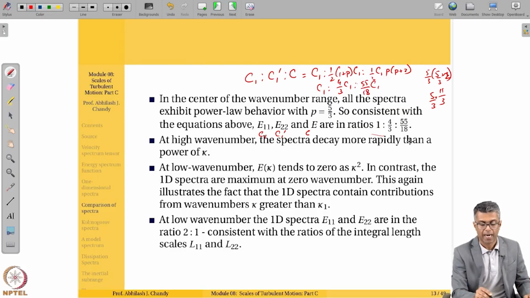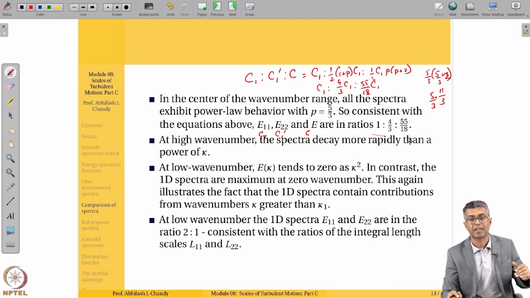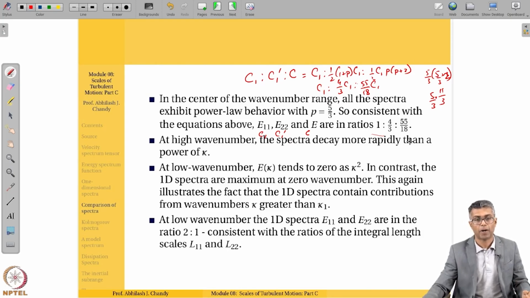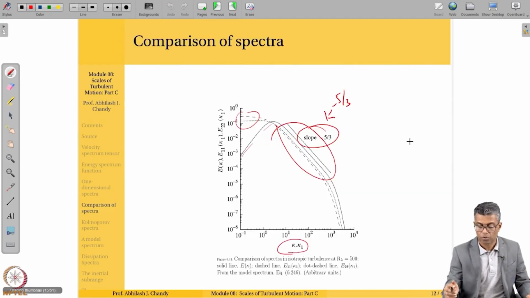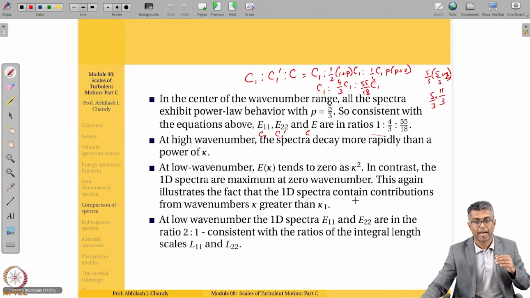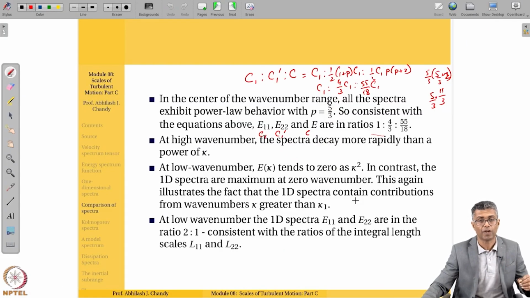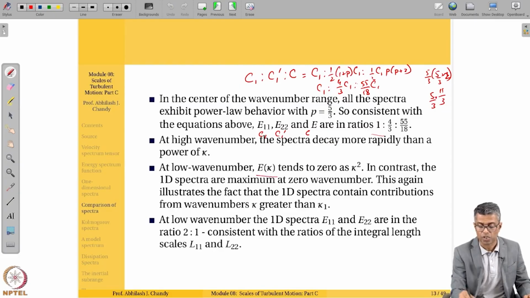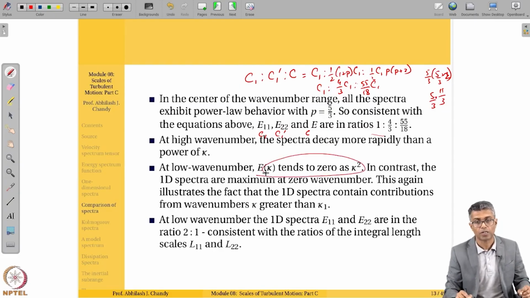Another point, at high wave number, the spectra decay more rapidly than a power of kappa. As you can see, they are decaying much more rapidly than a power of kappa at very high wave number. At low wave number, E of kappa tends to 0 as kappa squared. In contrast, the 1D spectra is maximum at 0 wave number.